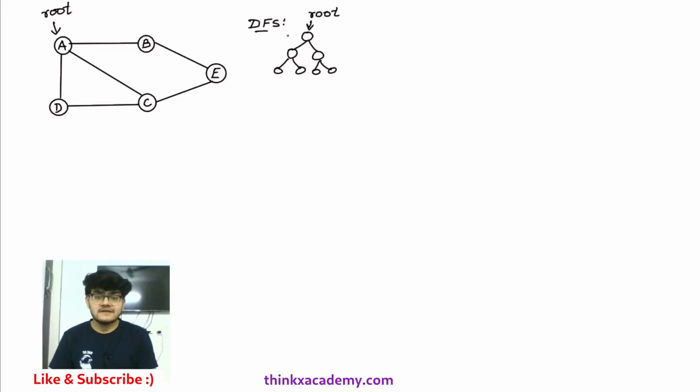Now in the DFS algorithm, from the root node I have basically two options: I can go to the left part or the right part. Let's say I move to the left part of the tree. If I move to this node here, I am visiting it.